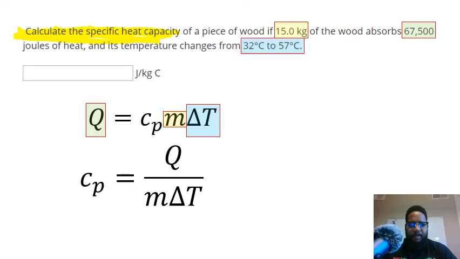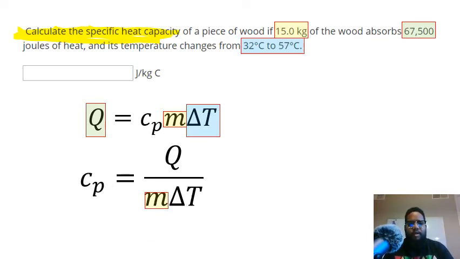All right. So remember, we said that when we are trying to get rid of something, we do the opposite. The m and the delta T are multiplying with Cp, so to get rid of them, you are dividing. So we end up with Cp equals Q over m delta T.